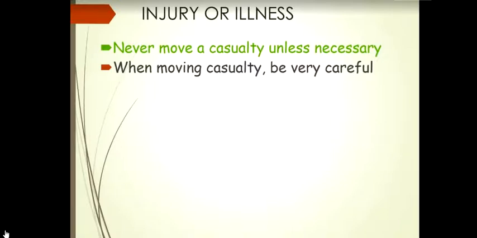Also ensure that when moving a casualty, be extremely careful. And this will bring into focus again if you're moving an unconscious or even someone who has been involved in a traumatic injury. Why one of the key areas that we look at is ensuring that we protect the head and the neck. And we'll look at this in our second session.